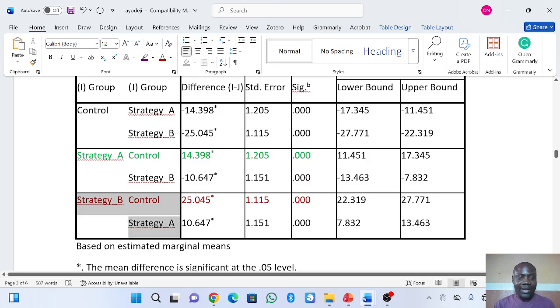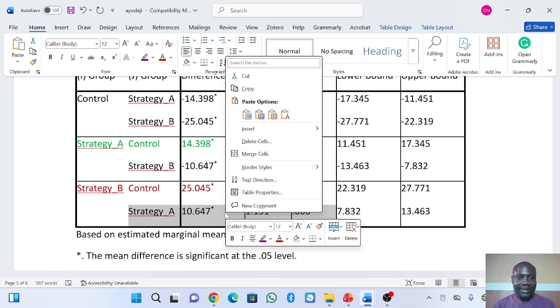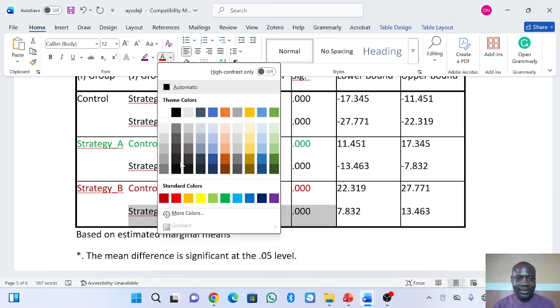Finally, they compare strategy B and strategy A. There are so many repetitions on that table, so don't let it concern you so much. Don't let it bother you. They are doing the pairwise comparison in several layers, but there are repetitions that shouldn't bother you.